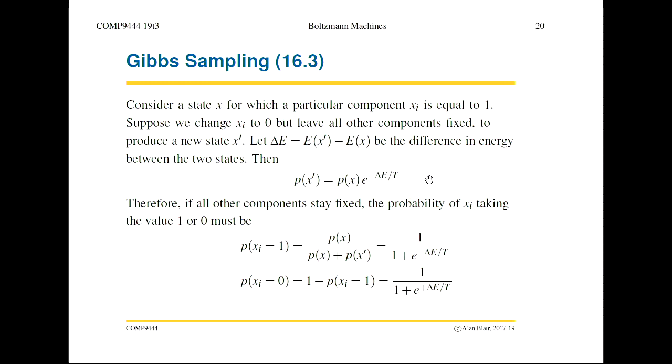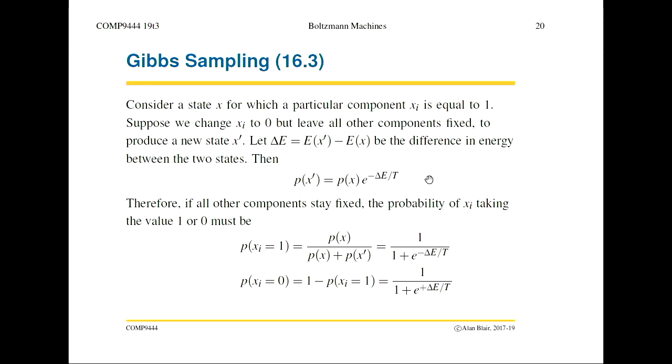And so if everything else is fixed, what's going to be the probability of that particular neuron being 0 or 1? This is a conditional probability, conditioned on everything else staying the same. The probability of it being 1 must be p of x divided by p of x plus p of x prime, because remember, x and x prime are identical except for that one neuron changing.